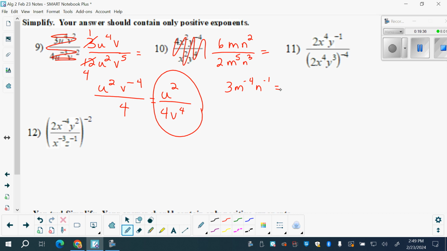So then how would we write that answer? So the 3 stays on the top because it doesn't have any negative exponents. And then m to the 4th goes down to the bottom, and n. You could put a 1 there, but we don't have to. Okay, that's it.